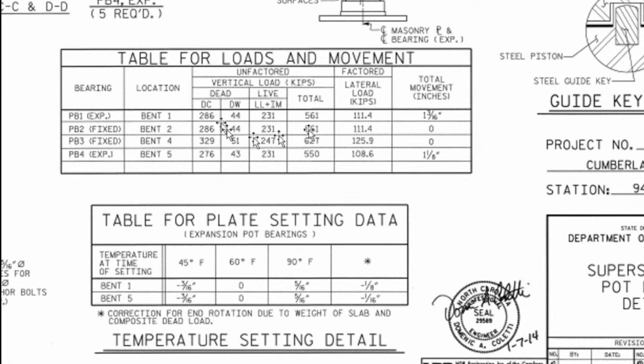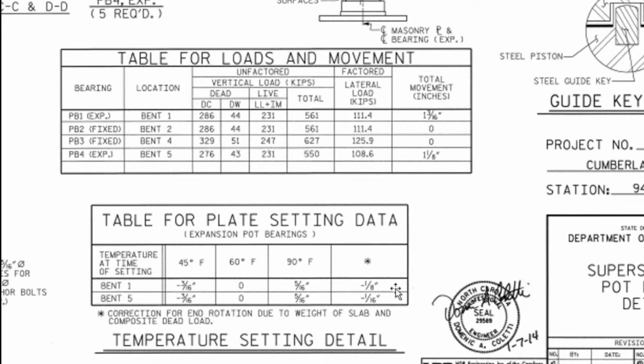Table for loads and movements. Then we have a complete list here. In this case, DC, DW, LL, and IM. Temperature at time of setting, bent 1, bent 5. So setting of these steel elements, we need the correct temperature, because steel expands when heat is applied.